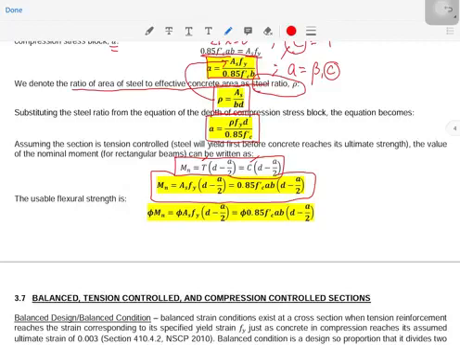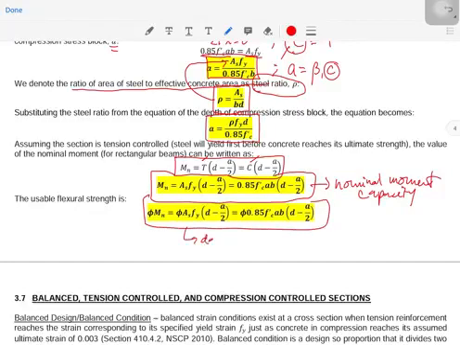Since we are trying to analyze the section to factored loads, since we are dealing with USD already, the ultimate strength design, then this nominal strength here, or nominal moment capacity, should be converted to design moment capacity.